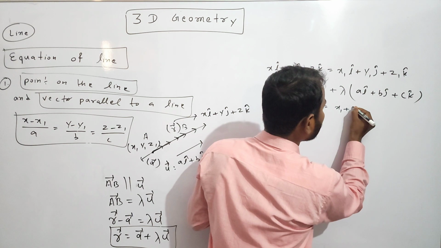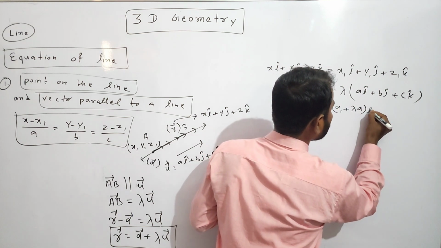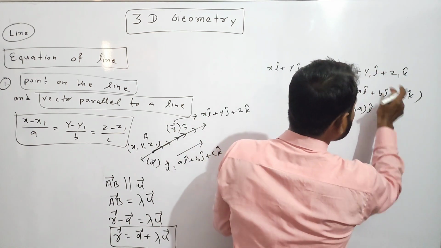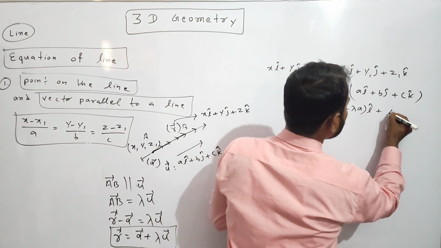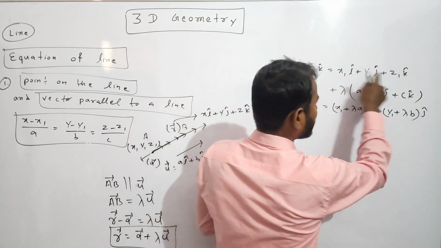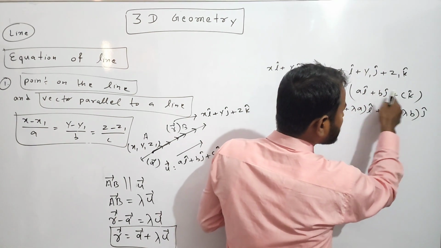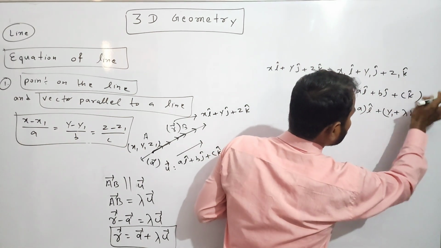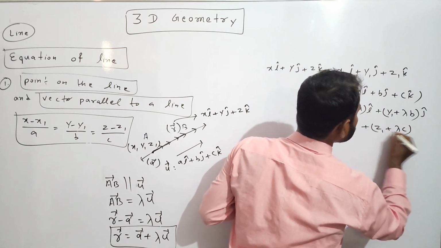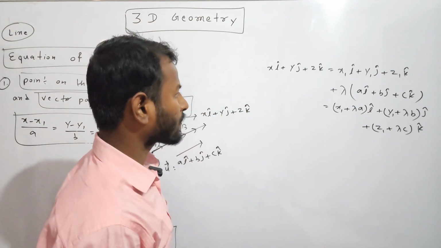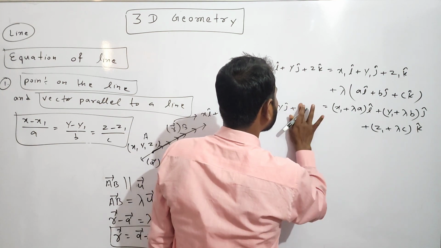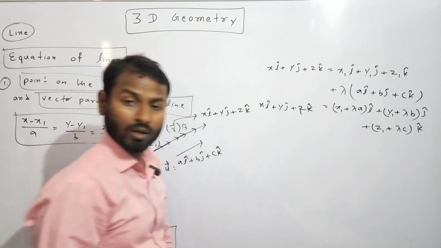You can write x1 plus lambda times a, into i cap; y1 j cap plus lambda times b j cap, so take j cap common, you can write y1 plus lambda times b, j cap; z1 k cap plus lambda c k cap, so take k cap common, you can write z1 plus lambda times c, k cap. Okay, this is equal to x i cap, y j cap, and z k cap.